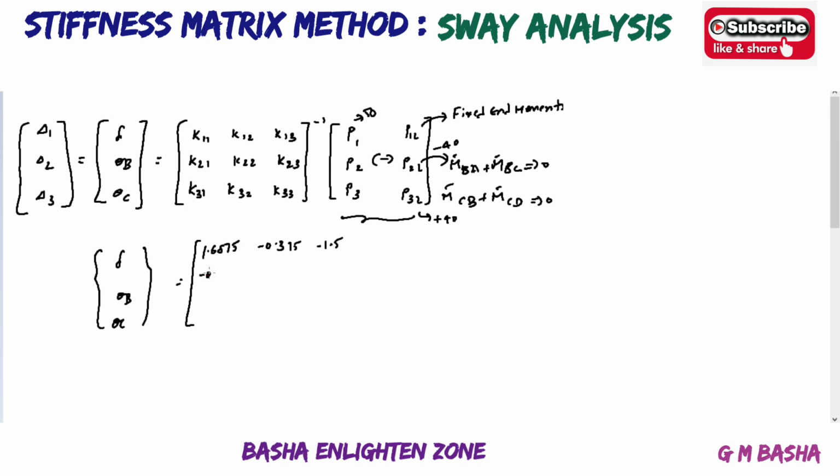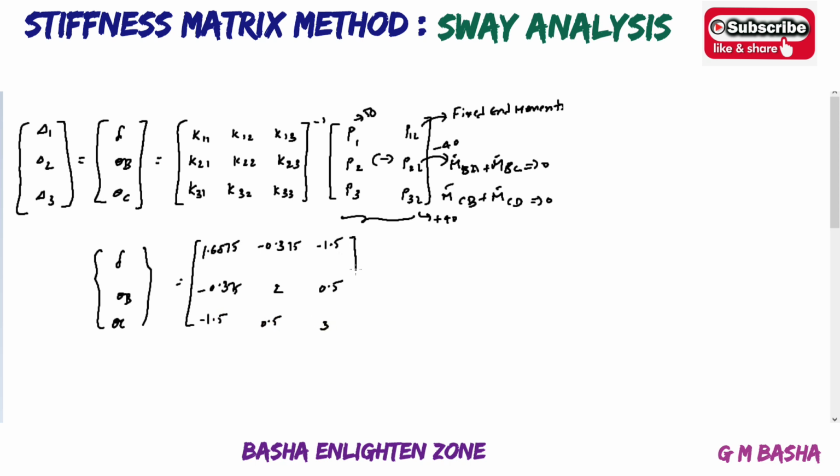K21 will be minus 0.375. So it is better to write down straight, theta b, that is minus 0.375, and again this one will be 2, and again this one will be 0.5, which is K23, and again theta c, straight I am writing here minus 1.5, that is K31, K32 will be 0.5, and K33 will be 3.